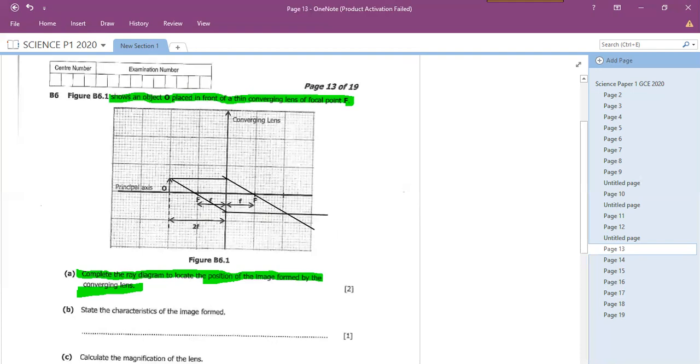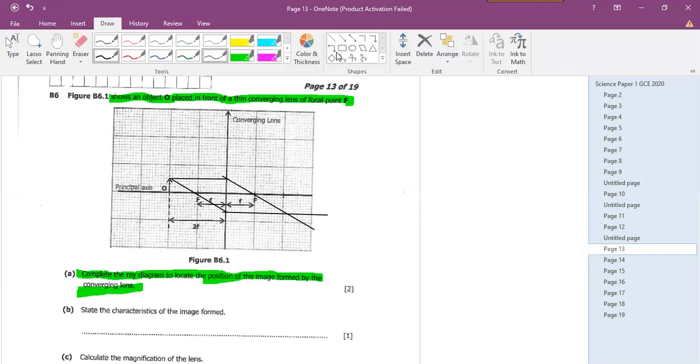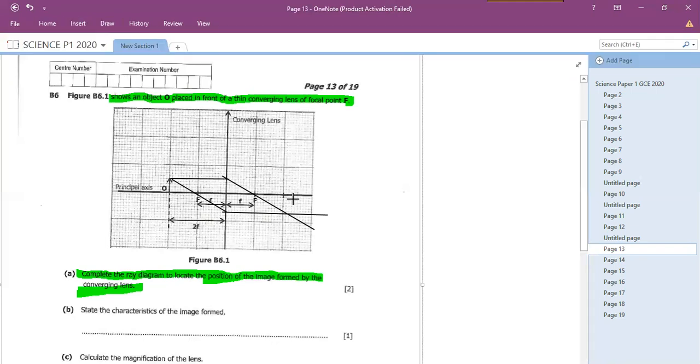So where these two lines converge here, that's where the image is going to be formed. My diagram isn't that accurate, but the lines seem to converge here.